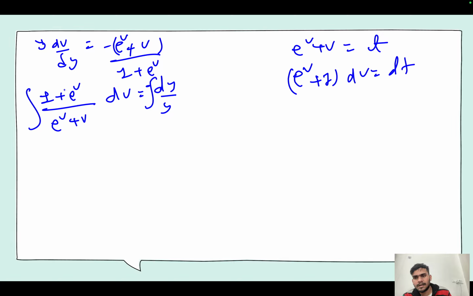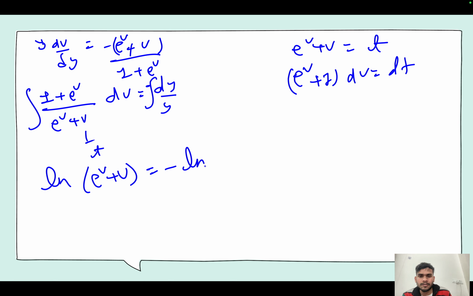Same thing as written here, so it will become 1 by t, that is ln t. So ln t is equal to ln of e to the power v plus v, and from this minus ln y plus c. Okay.